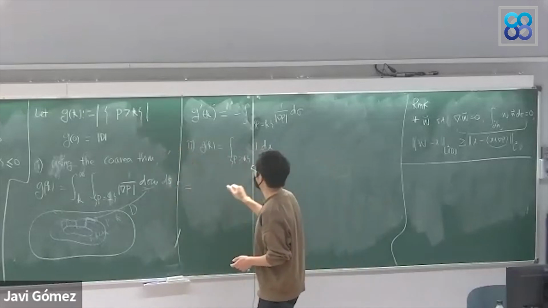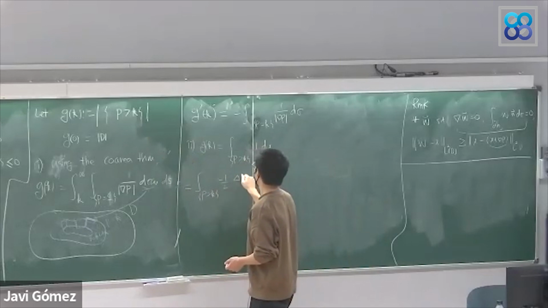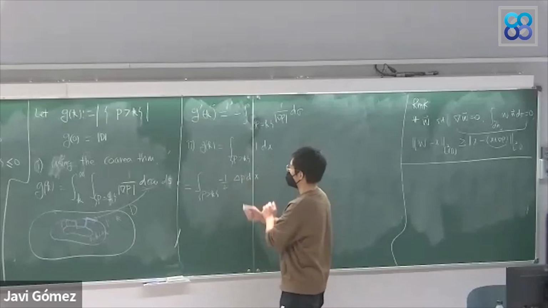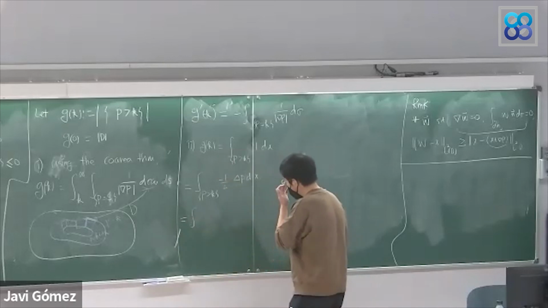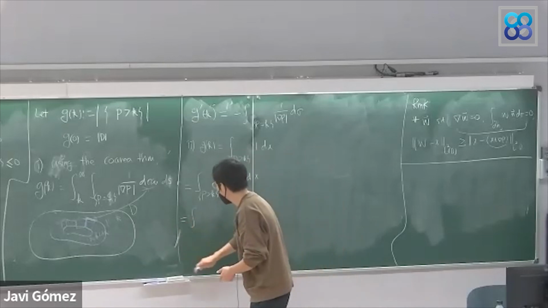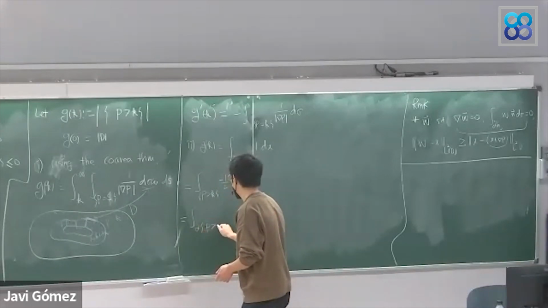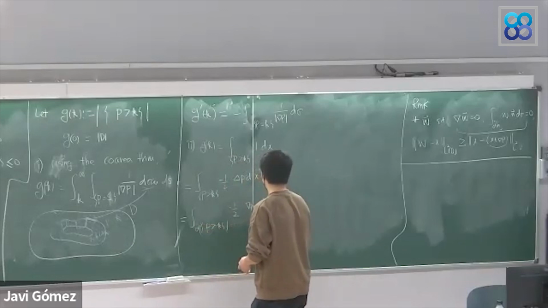Then we can replace 1 by negative 1/2 times Laplacian of P, because Laplacian of P is negative 2, so this is just 1. And then we can do the Stokes theorem. So this is the boundary of this superlevel set, negative 1/2 gradient P times n.